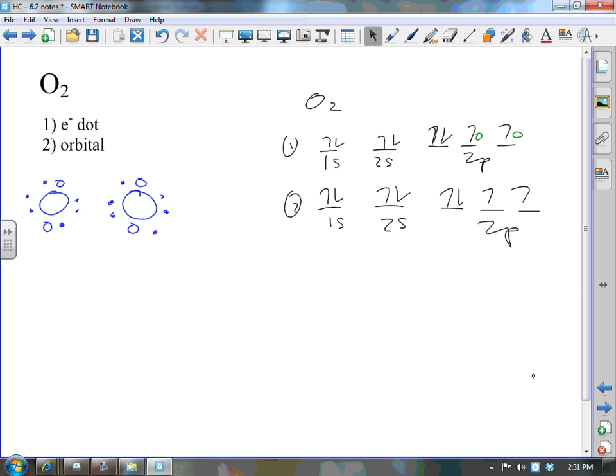Have you pause me, and then we'll show you the answer, and if there are any questions we can talk about this some more in class. So if you want to, go ahead and pause it and draw the electron dots for oxygen, draw the orbital notation for oxygen, and then see if we can figure out the puzzle in terms of how the electrons are being shared.